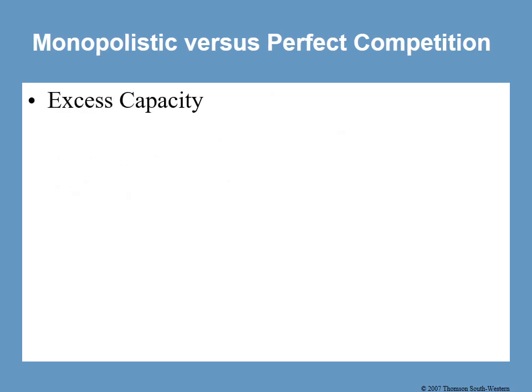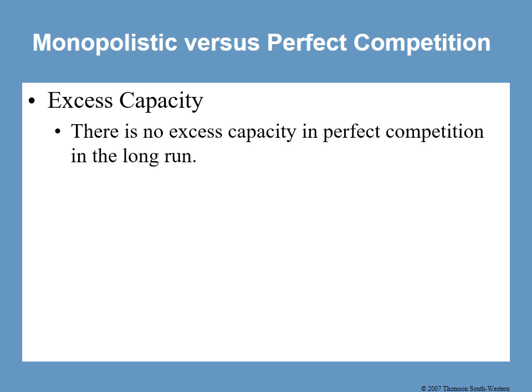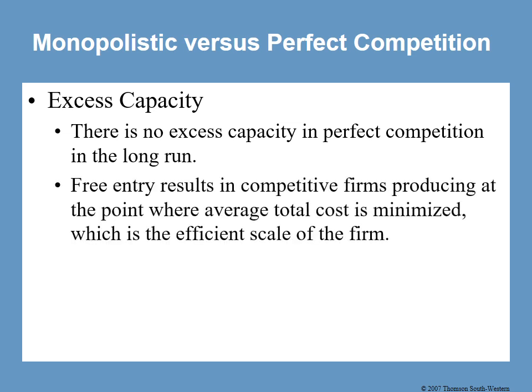To break them down a little further, when I'm saying excess capacity, what am I really meaning? I mean that there is no excess capacity in a perfectly competitive firm in the long run. In other words, they're producing exactly what is most profit maximizing efficient for them. And that free entry results in competitive firms producing the point where ATC is minimized.